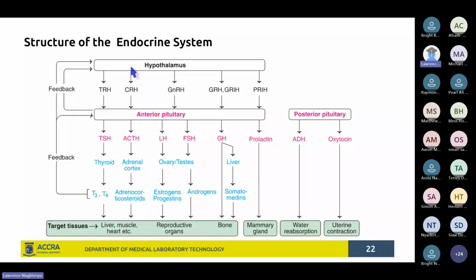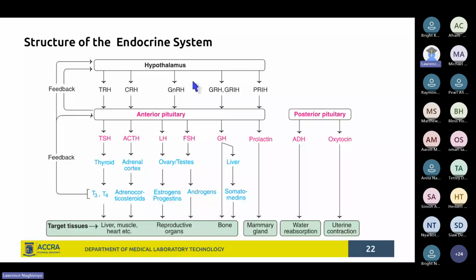The anterior pituitary also gives a feedback mechanism to the hypothalamus, so that if you have hormones secreted by the hypothalamus in adequate amounts, it gives that feedback to inhibit further secretion of those hormones. So this is the general structure of the endocrine system.